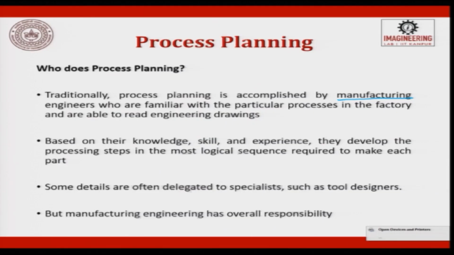So, who is he? He is a manufacturing engineer. So, a manufacturing engineer who is familiar with a particular process or particular processes in the factory and are able to read engineering drawing can do process planning. So, based on the knowledge, skill and experience.